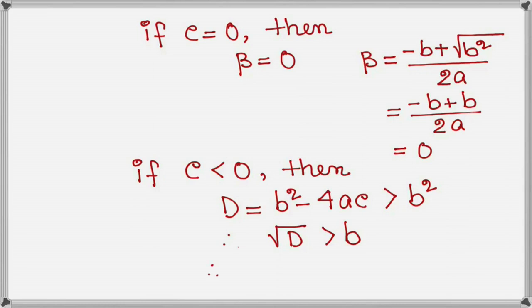Therefore we have now beta is equal to minus b plus square root of d divided by 2a is strictly bigger than 0, that is beta is positive.